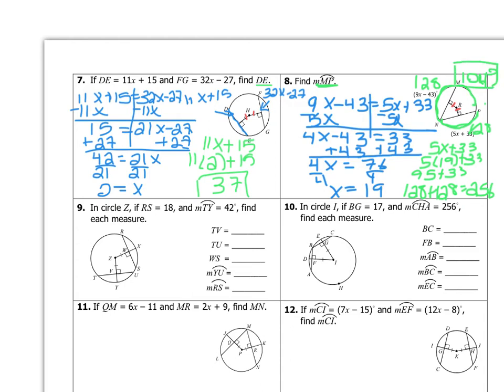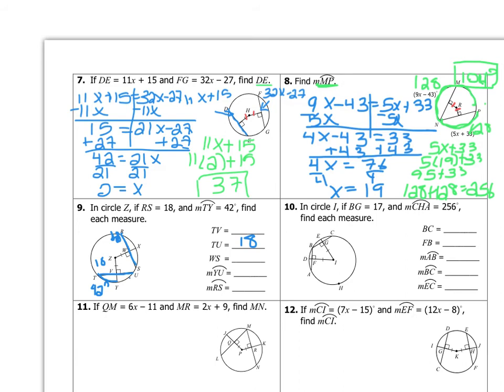Okay, let's go through these next ones, and let's see. In circle Z, RS is 18, so this right here is 18, which means TU is 18. We know the measure of TY. The measure of TY is 42 degrees.